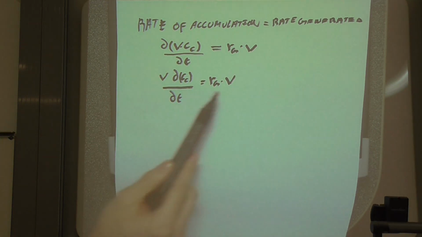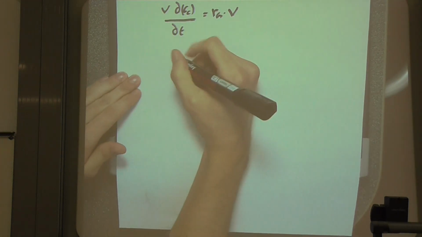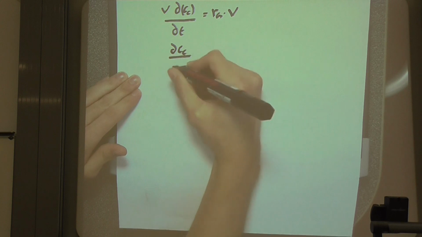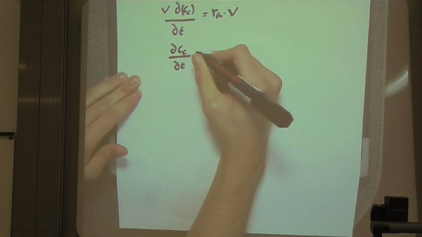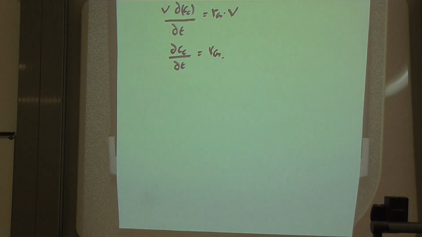Now, given that the two volumes are the same, we can essentially divide by the volume and make them disappear. So we would obtain the change in concentration of cells by the change in time is equal to the rate of growth of the cells.